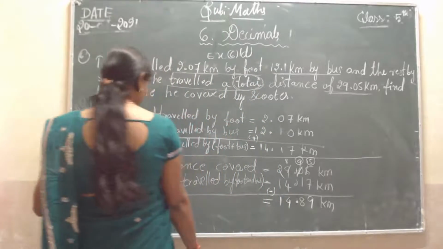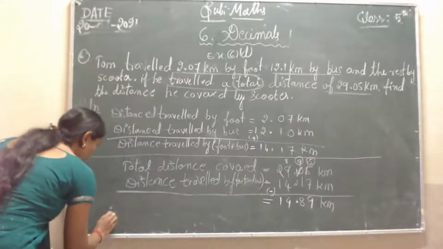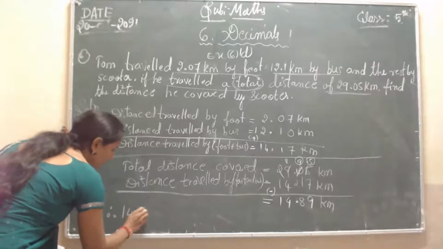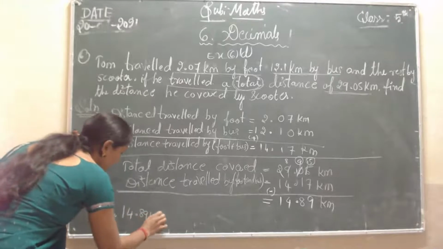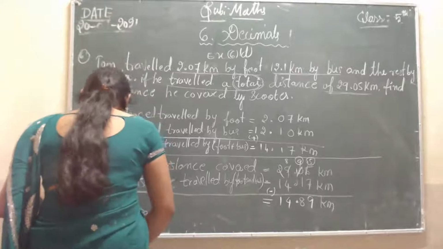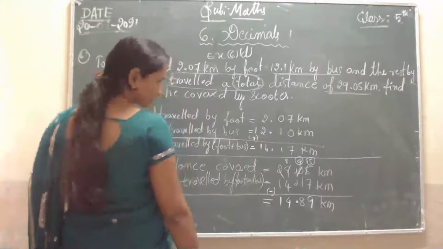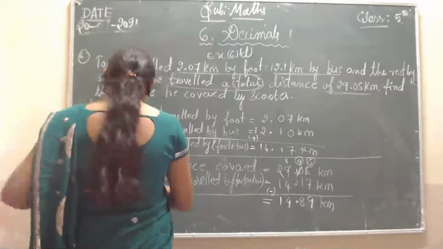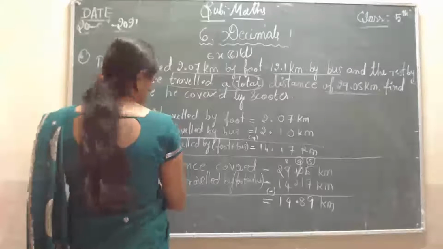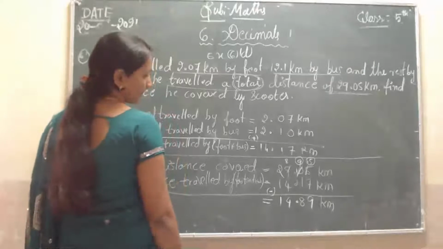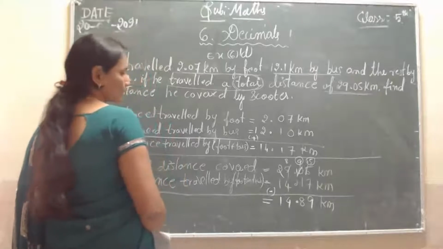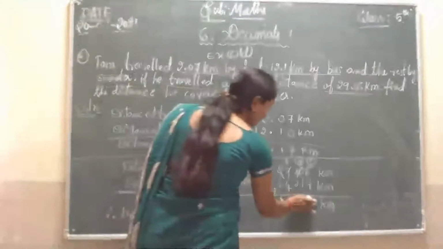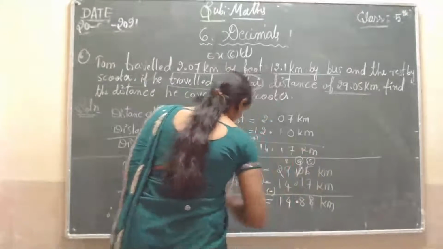So the answer is 14.88 kilometer. Students, here 15 minus 7 is 8.